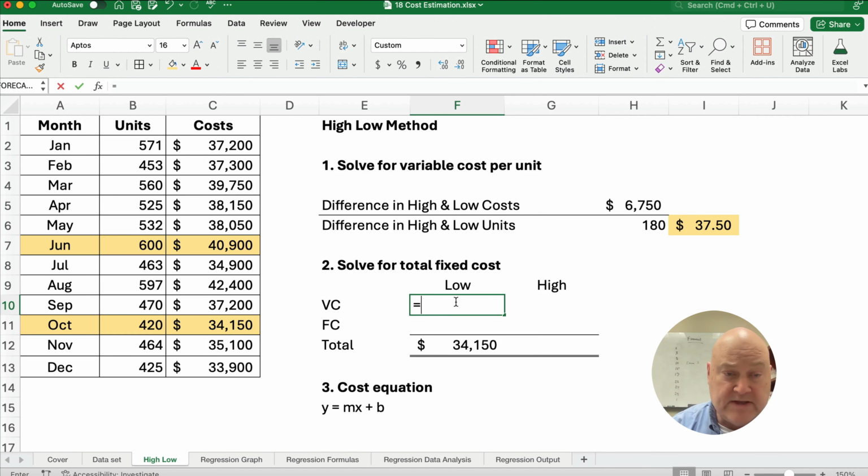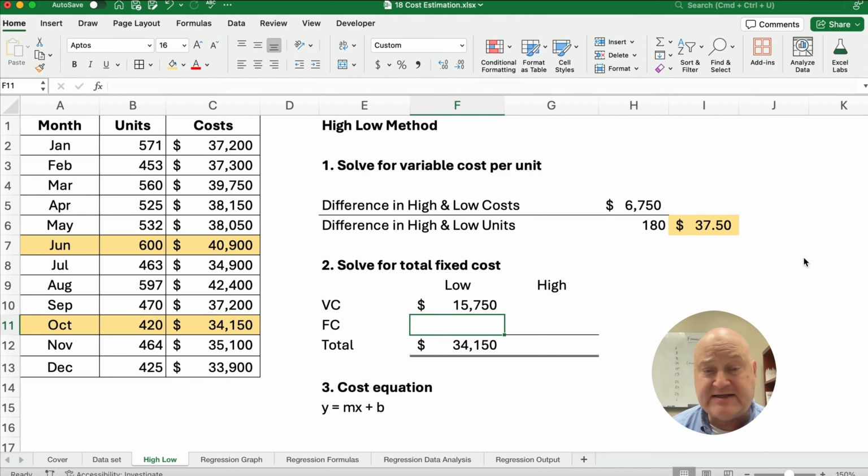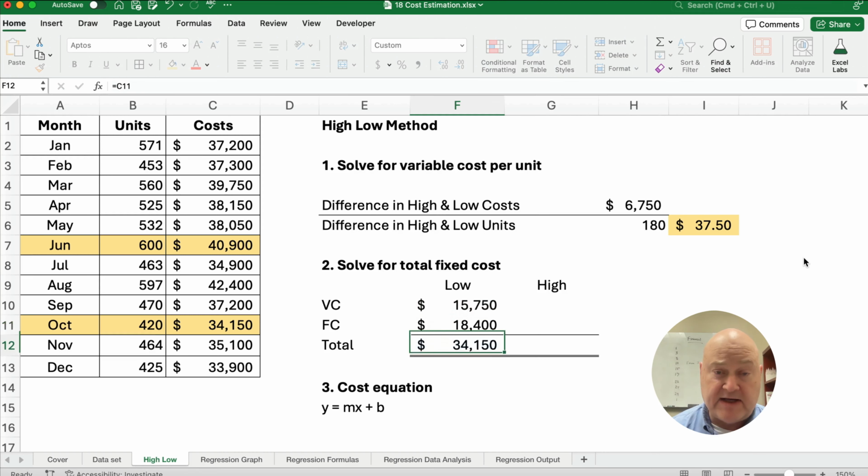Well, we just have figured out that 420 times 37.50, that's going to be our estimated variable cost. So if our estimated variable cost is 15,750, we can take the 34,150 minus the variable cost, and we'll end up with our estimated fixed cost, 18,400.